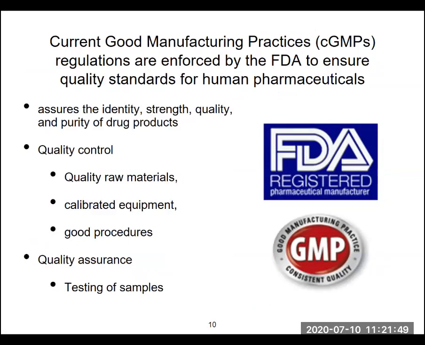We're making sure we're using the right raw materials that aren't contaminated, that our equipment is calibrated so we're measuring the amount that we need, and we're mixing it properly, using good procedures, and continually testing our samples to make sure that what we think we have, and what we're going to be using on these patients, is what we truly have. Again, this is something we want to make sure of when we're producing brand name drugs or generic drugs.